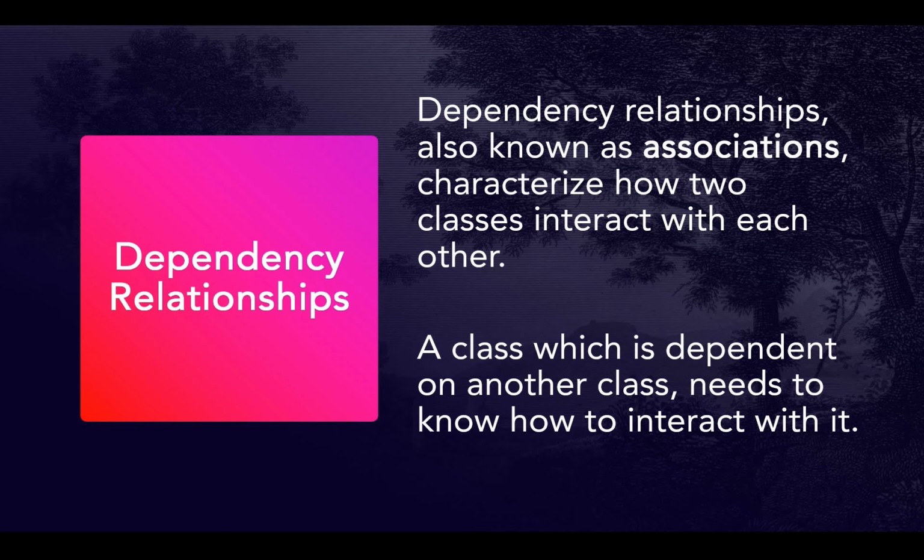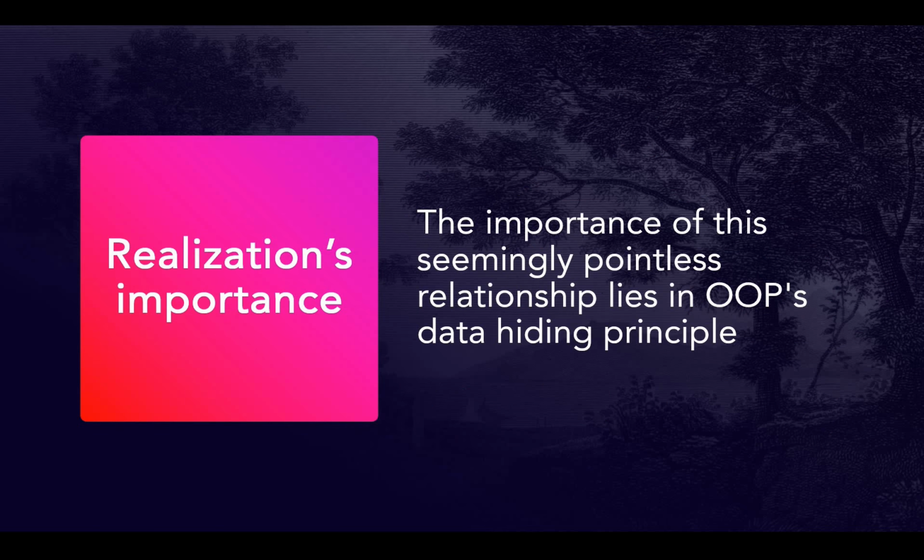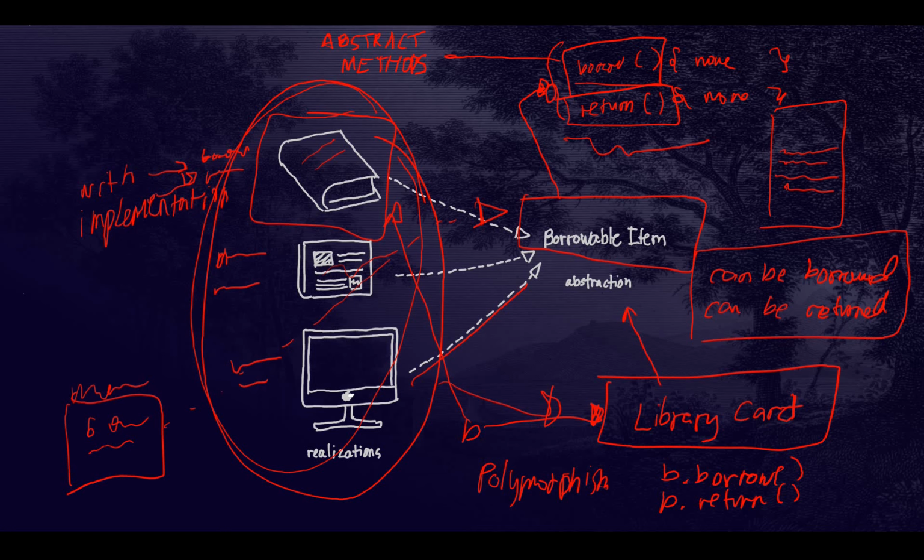These interactions range from being used as method parameters, being returned in methods, being used inside method bodies, being used as attributes, and so on. If you remember the example we had a while ago, an example of this dependency relationship that I've already discussed is this library card right here. Since library cards borrow borrowable items, library card is dependent on borrowable item. This is a dependency.